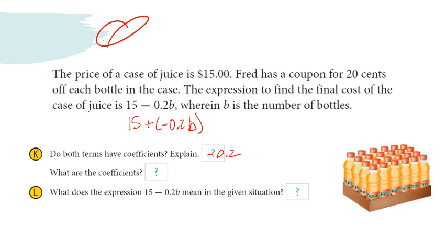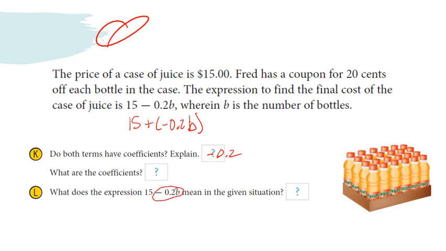And what does the expression 15 minus 0.2b mean in the given situation? Well, they kind of state it in the problem: for every coupon Fred has, when Fred has that coupon for 20 cents off a bottle, he'll get 20 cents off the bottle, per bottle.